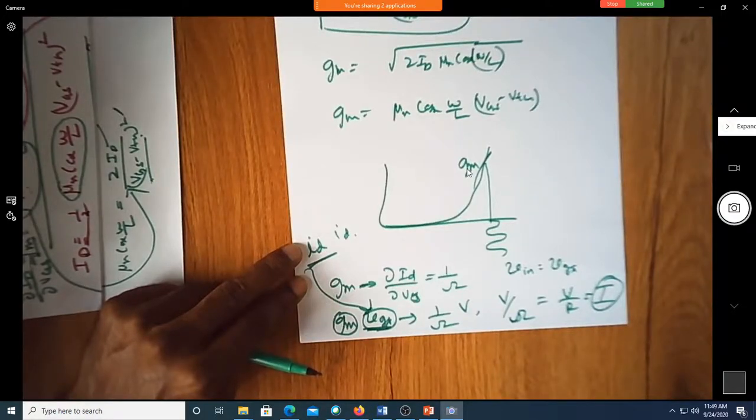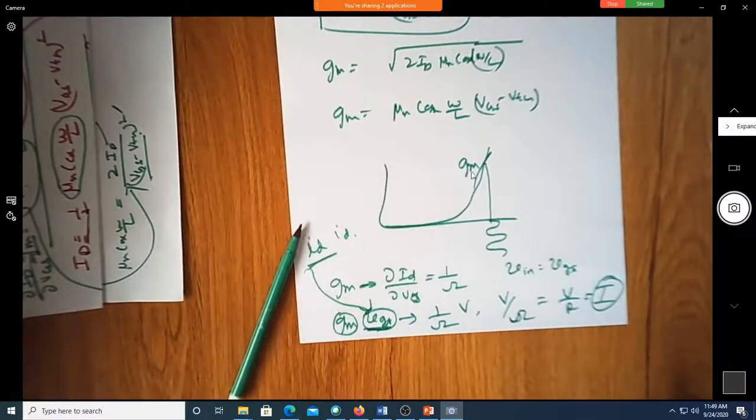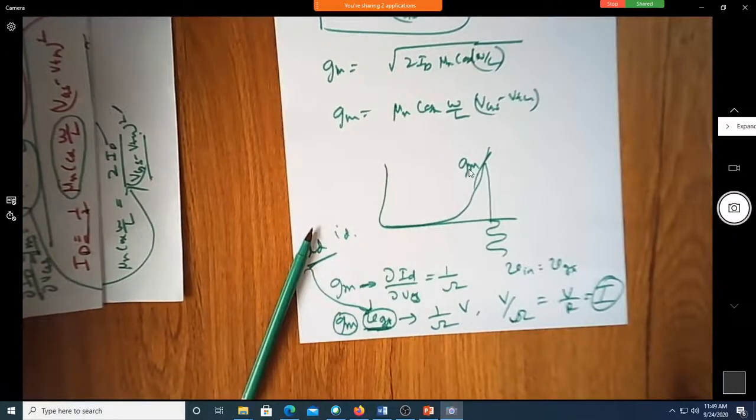All of you keep in mind, you cannot get gm unless you apply DC voltage, and you cannot get small ID unless you apply a small AC signal. So to get the small AC signal current, you need to have gm as well as the small signal voltage. Correct?